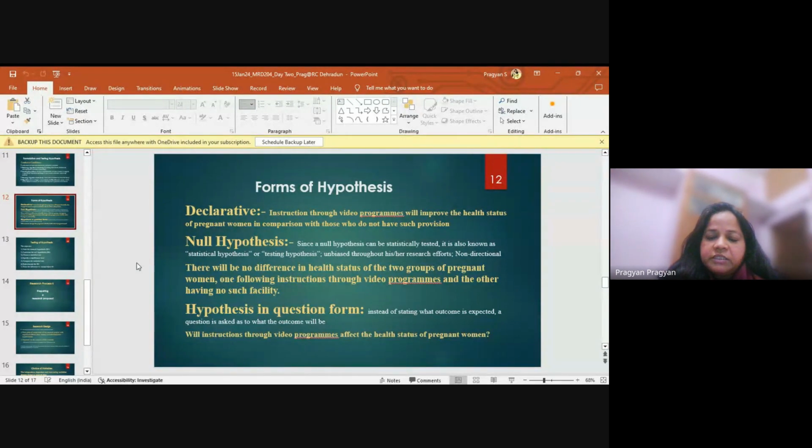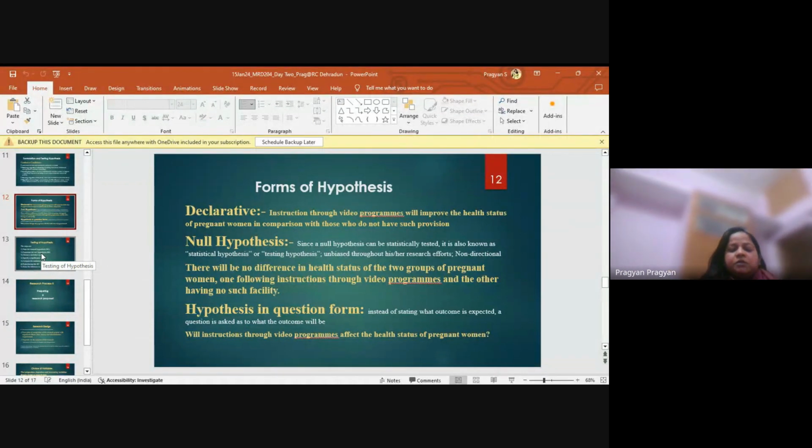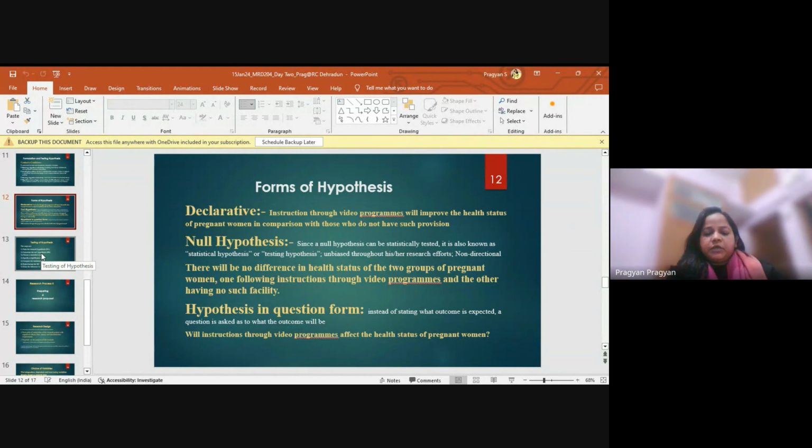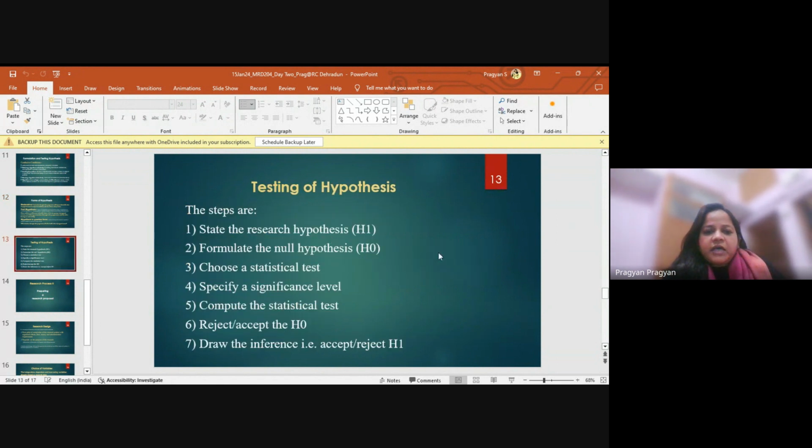So these are basically the key forms of hypothesis that we try to cover in our research studies, whether in a general research study or particularly in rural development.